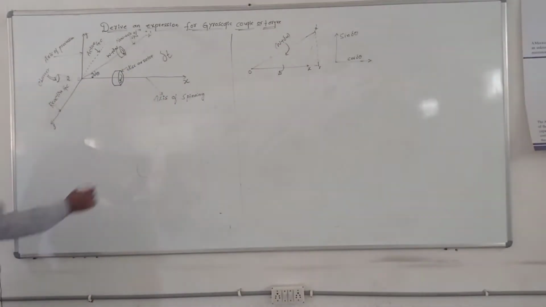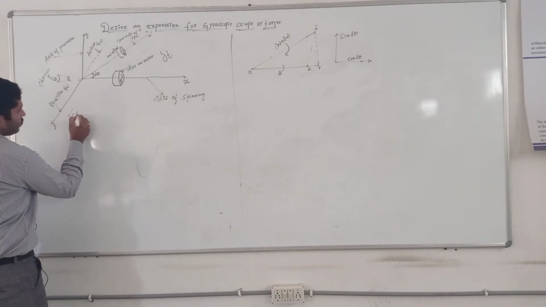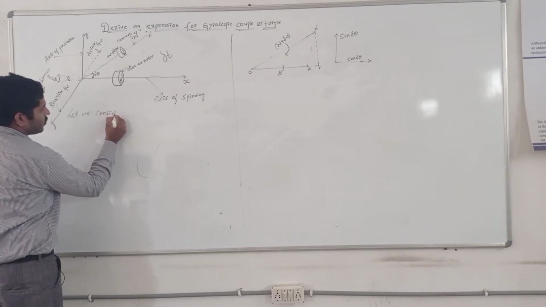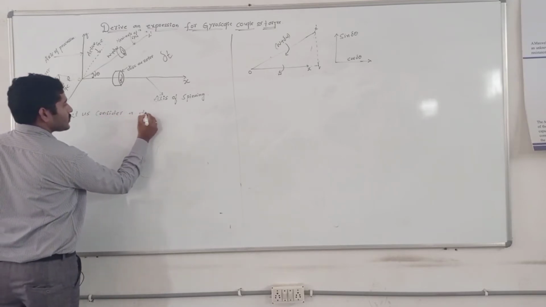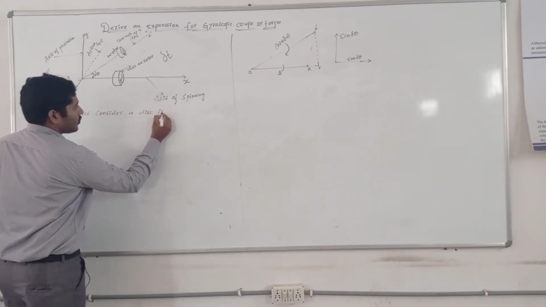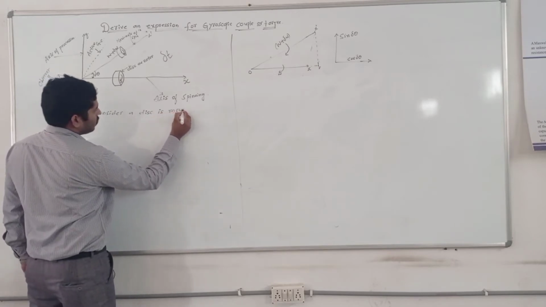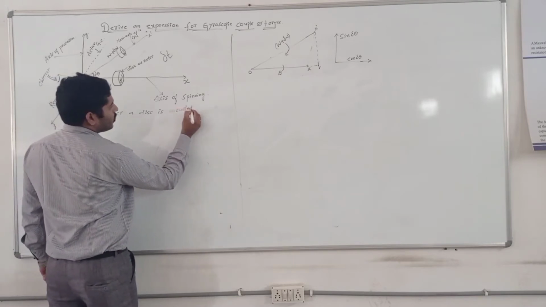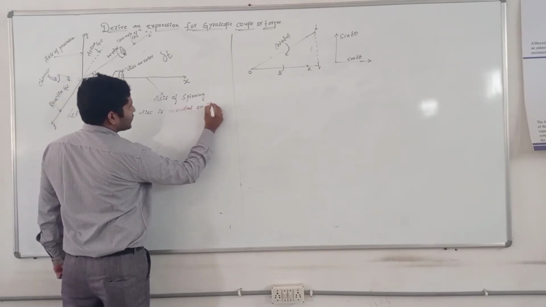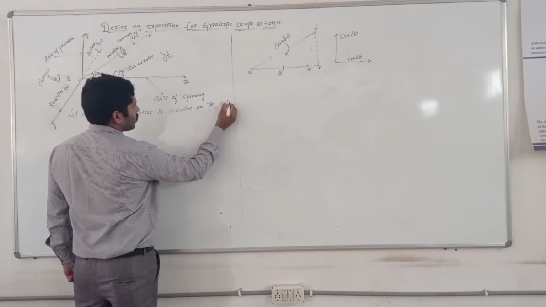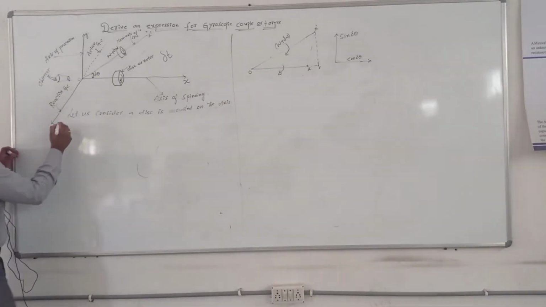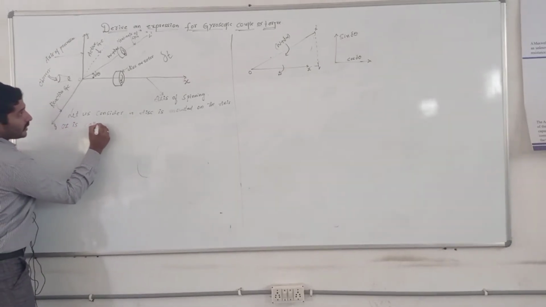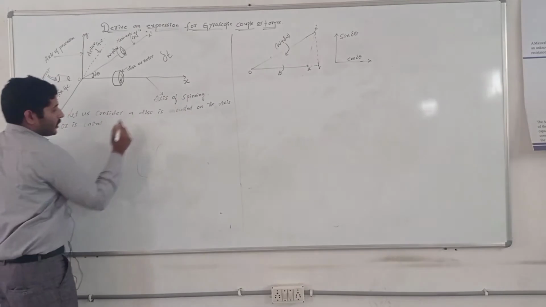Here let us consider a disc mounted on the axis OX, which, as I already told you, is called the axis of spin.